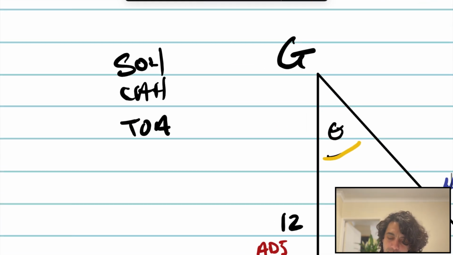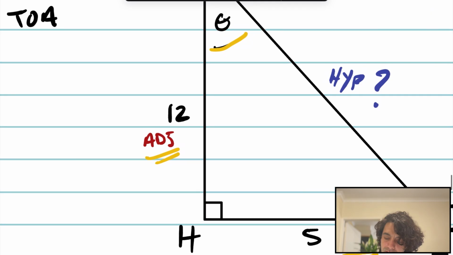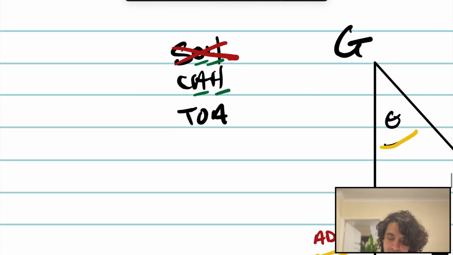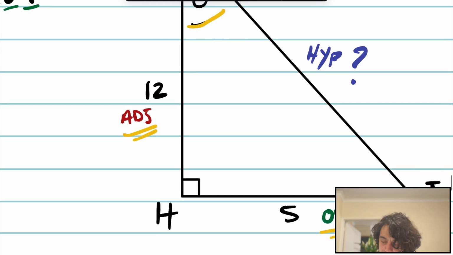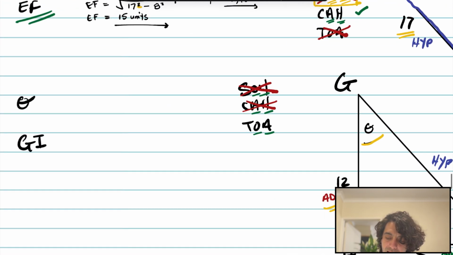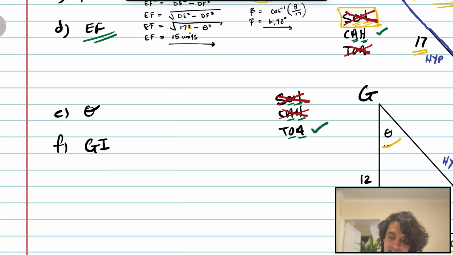Here we have opposite and hypotenuse. That is not going to work. Here we have adjacent and hypotenuse. Nope, hypotenuse is an unknown value, so we can't use cos. Last but not least, I have opposite and adjacent, and therefore I am going to select tan as my function today.